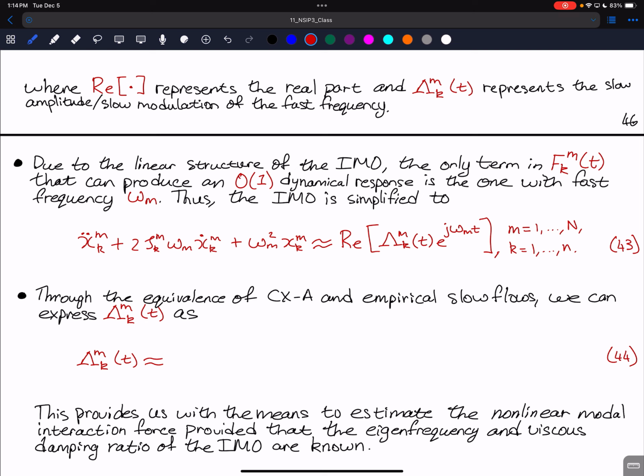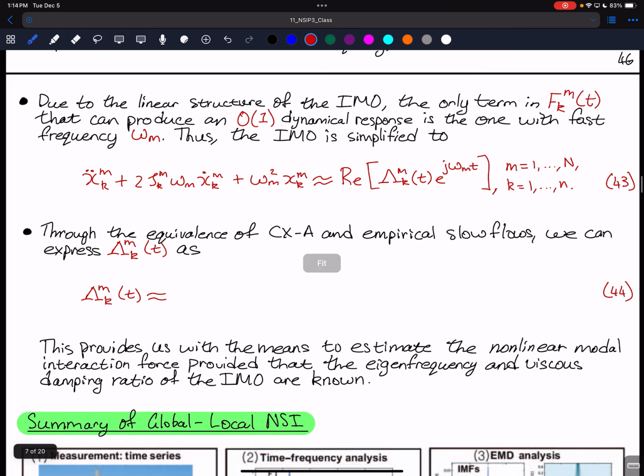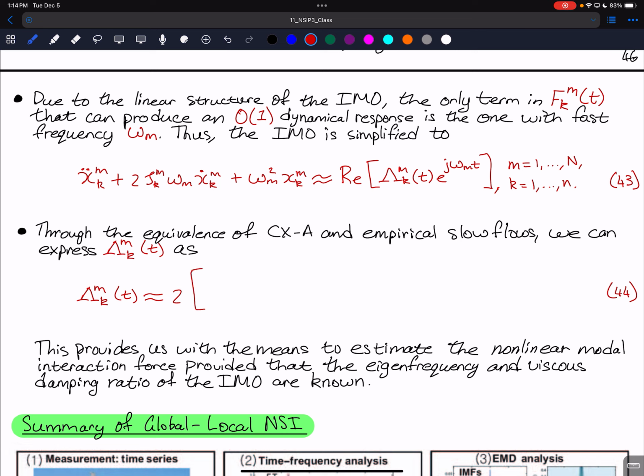Okay, I'm going to skip some steps, but effectively, through the equivalence of the complexification averaging and empirical slow flow models that we've seen previously, we can express this lambda term as 2 times the quantity d over dt times the quantity j omega_m a hat_km(t) times e to the j theta hat_km, plus j times zeta_km omega_m squared times a hat_km(t) times e to the j theta hat_km(t).